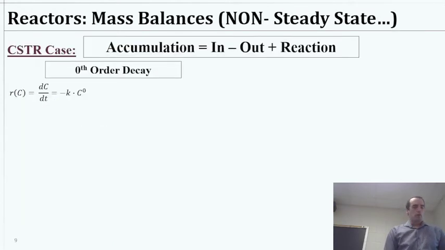Okay, so coming back to our zero order decay equation, let's see if we can put that same C at infinity logic into play here. So this is going to be our mass balance when it's at steady state, right? So if we solve a zero order decay reaction at a steady state system, we have 0 equals our inputs. And again, this is for a CSTR we're talking about.